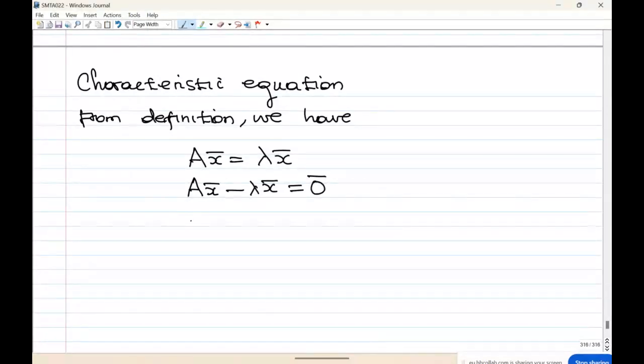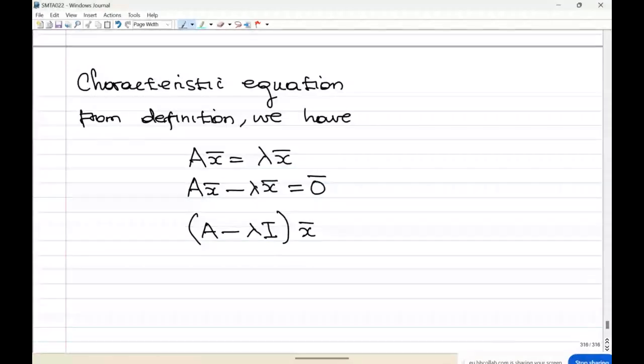Then from this zero vector, you and me on Wednesday, if we take out that x as a common factor, then you'll have A minus, instead of having this, here you are going to have this I. Then outside you'll have this x bar. Do you agree? Then the whole of this will be equal to the zero vector.